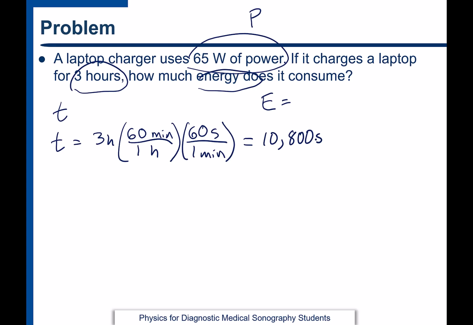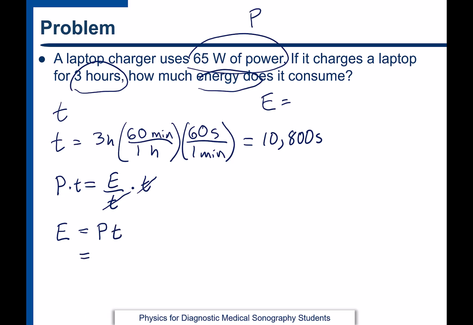Once we've got that, we'll start with our equation. Power equals energy divided by time. But again, we've got to solve this for E. So I'm going to multiply both sides by T. And I get that energy is power times time.